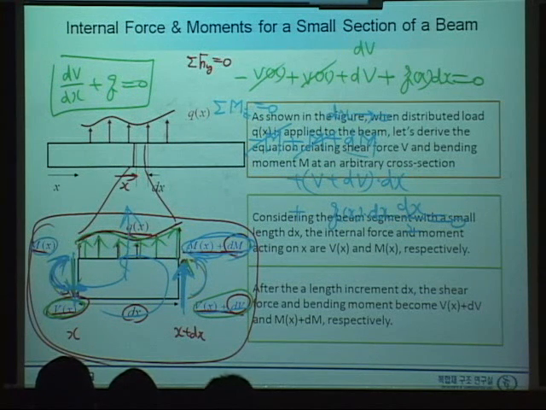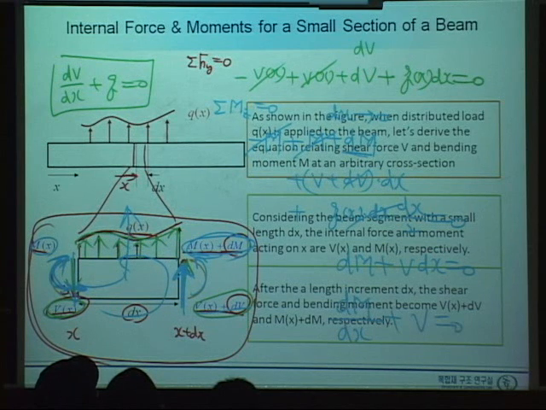So when dx goes to 0, this term and this term will disappear. The only terms left will be dM plus V dx equals 0. And here we have dM/dx plus V equals 0.